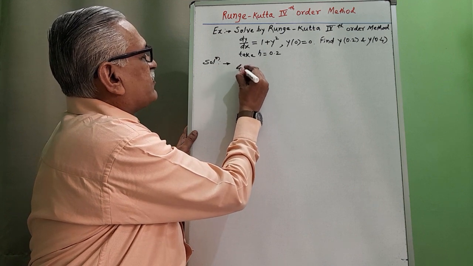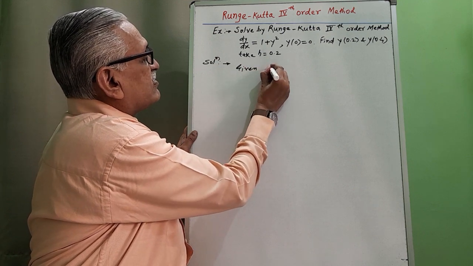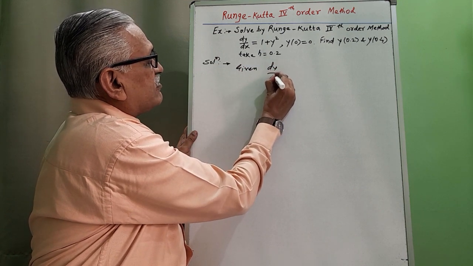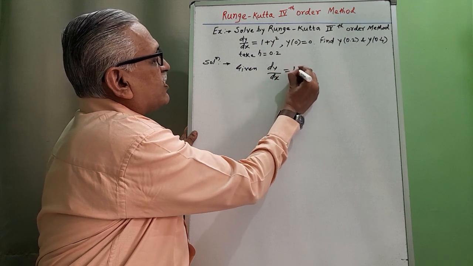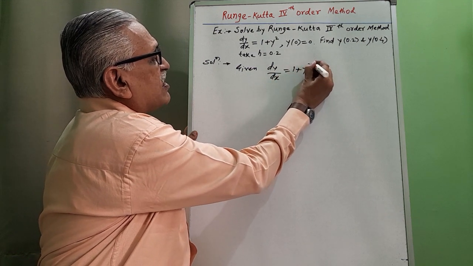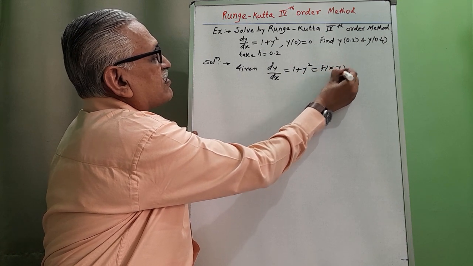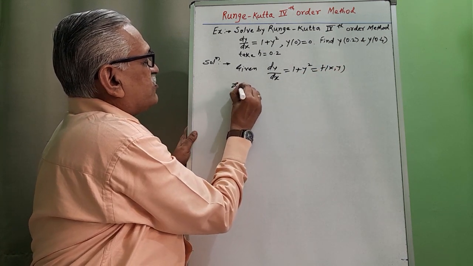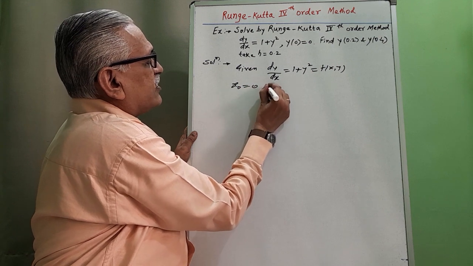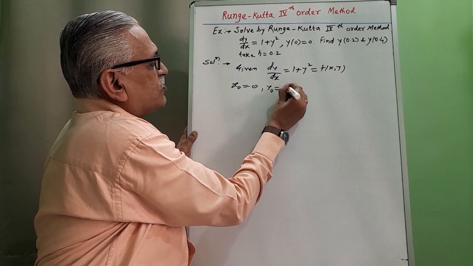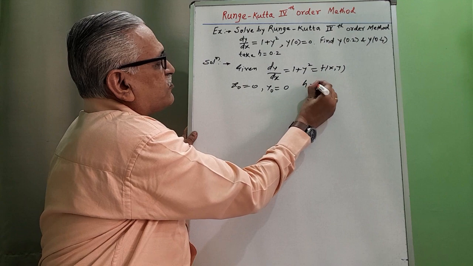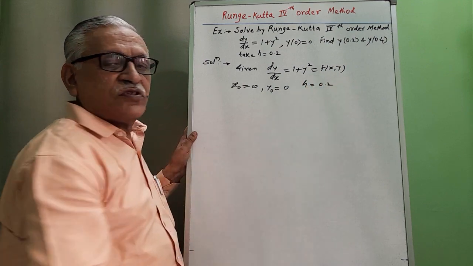Therefore, given differential equation is dy by dx is equal to 1 plus y square, and we call this as f of x y. And the condition is x0 is equals to 0 and the corresponding y0 is 0, and we consider h as 0.2.